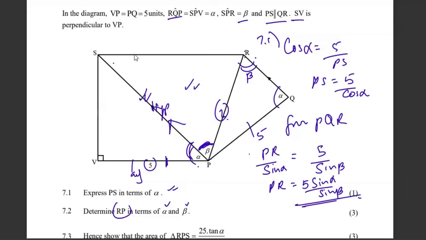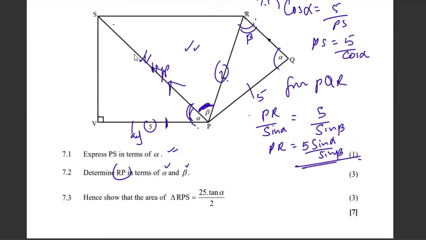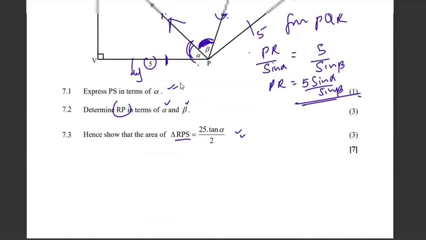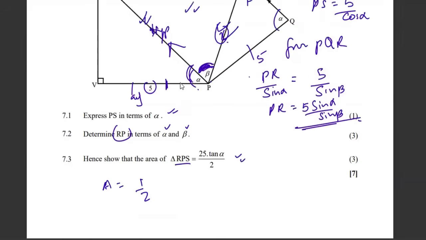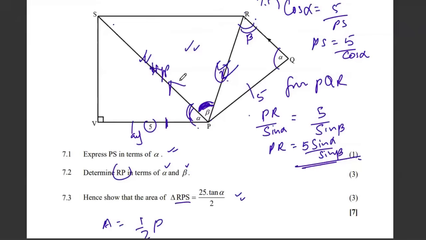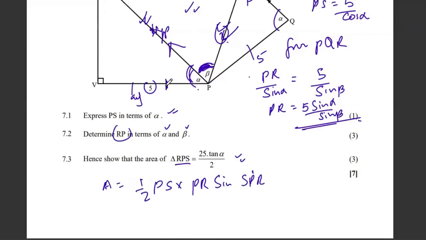All right, then hence can we show that the area of triangle RPS is equal to this. If we have the PR, we have this hypotenuse of ours, so we can get that. So we know that the area is going to be a half of PS times PR, the sine of SPR, the two sides and then the angle in between.